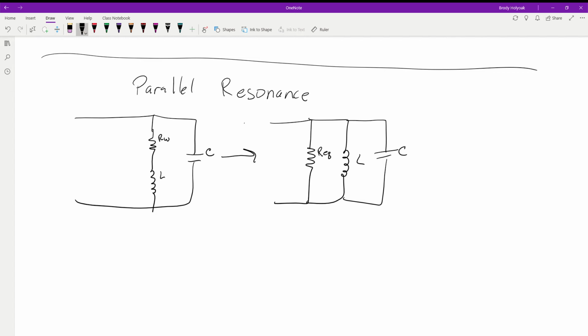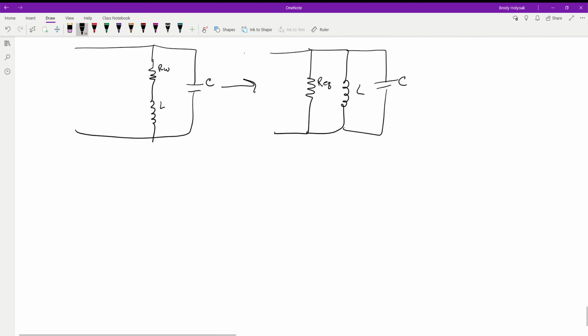The whole idea is we're moving our winding resistance and converting it into its parallel equivalent to look at the circuit, because this has a couple of special cases of what goes on when we have a tank circuit. So as we're looking at this, a couple of things are going to stay the same.